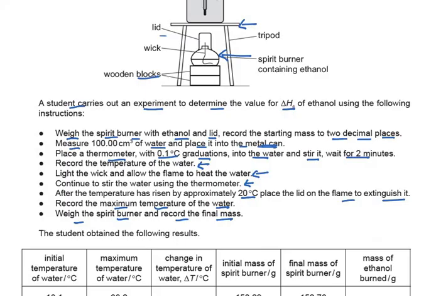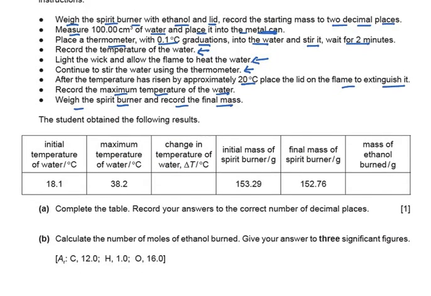Let's go ahead with the next part of the question where we are supposed to record something. Here you can see a table where the initial temperature of the water is noted, that is 18.1 degrees Celsius. After it was heated with the spirit burner containing ethanol, the maximum temperature was 38.2 degrees Celsius.